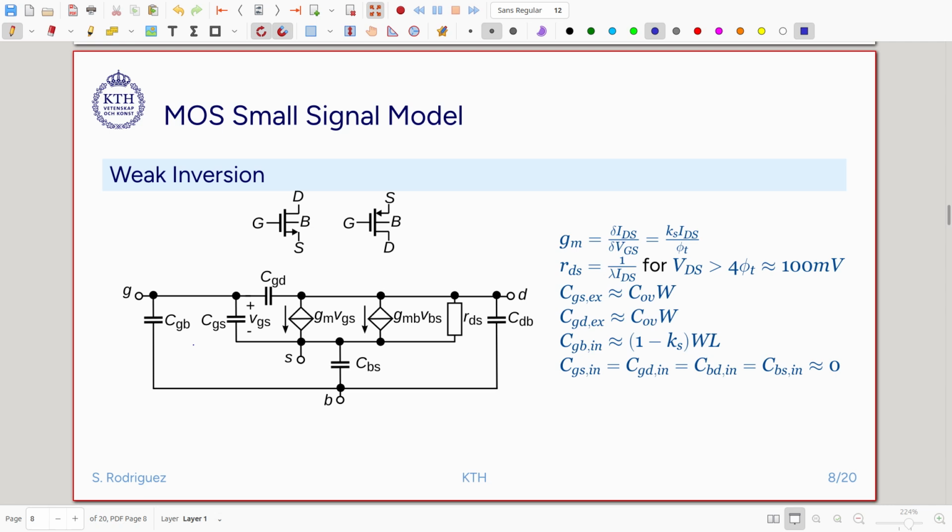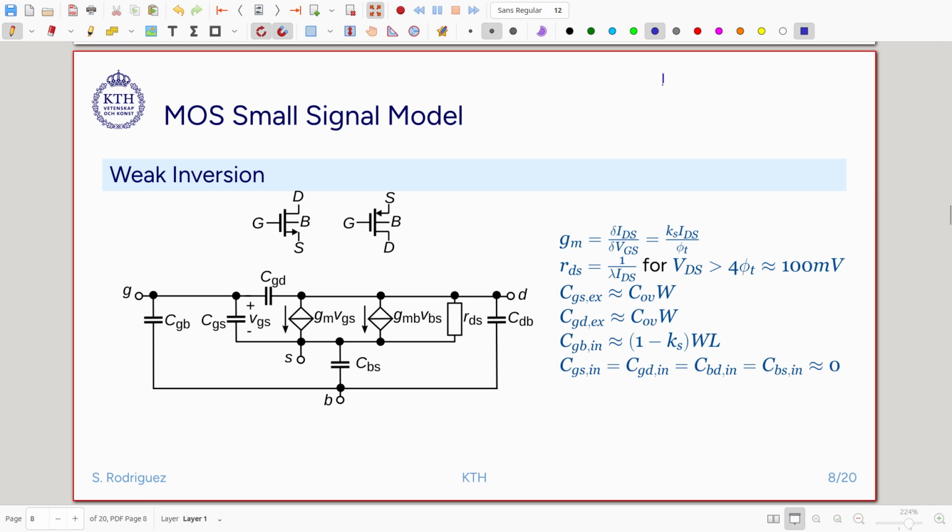In weak inversion, the model is similar, but the values of the parameters are different. We have the transconductance.